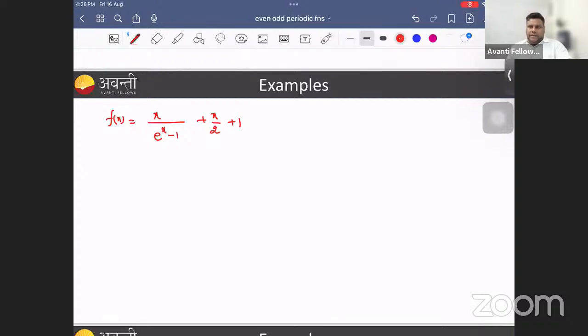Bhuvan, odd, very good. Anybody else? JNV Kadapa, odd. Odd.